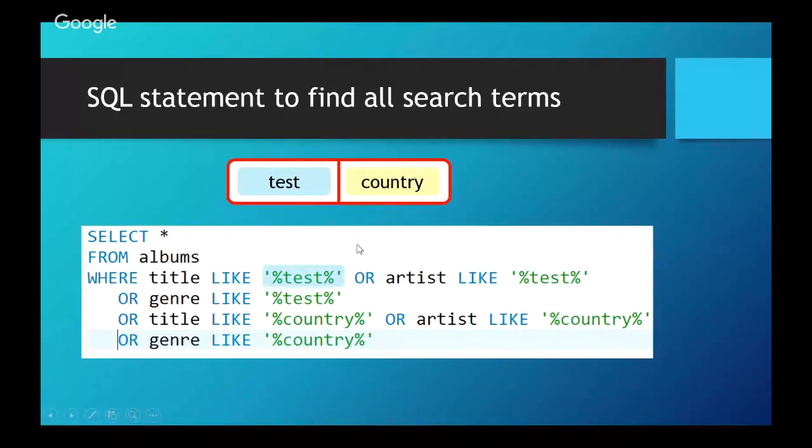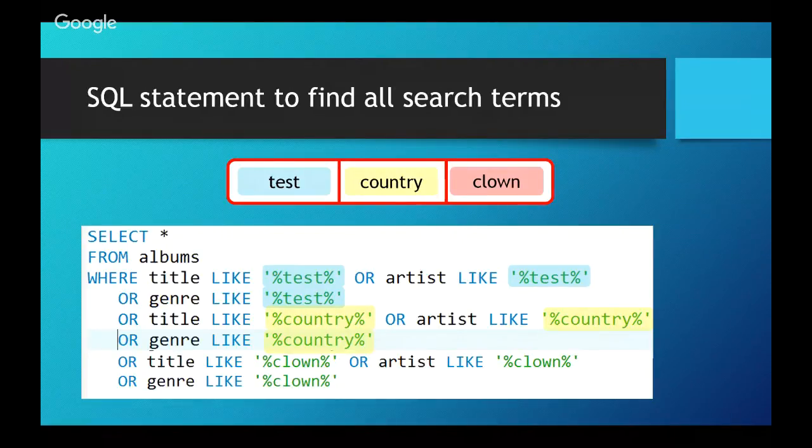So if I look here in blue, we can see there's test being the first element in our array. And then we'd have to set up a query if there's two elements, right? And what happens if there's a third? Well, then we'd have to expand our query again to support all three terms.